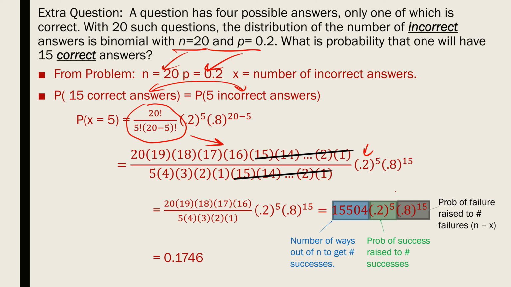And here, success actually means incorrect. So the incorrect answer needs to happen 5 times. And we need to have 15 correct answers. And the probability of 1 correct answer is 0.8.